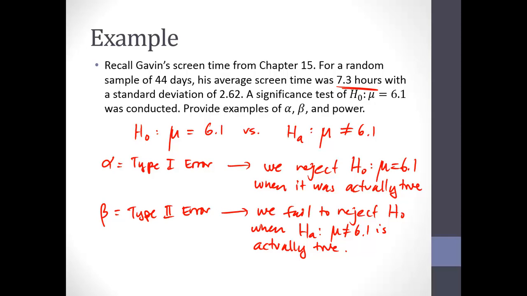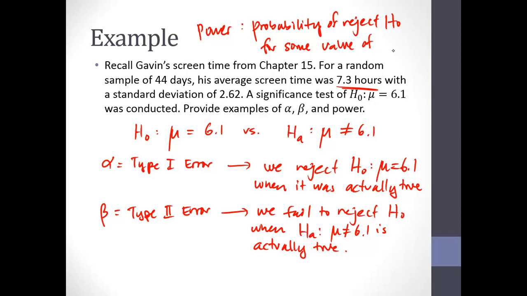And then up here, I'll write that the power would be the probability of rejecting the null hypothesis for some value of the mean, or some value of mu.